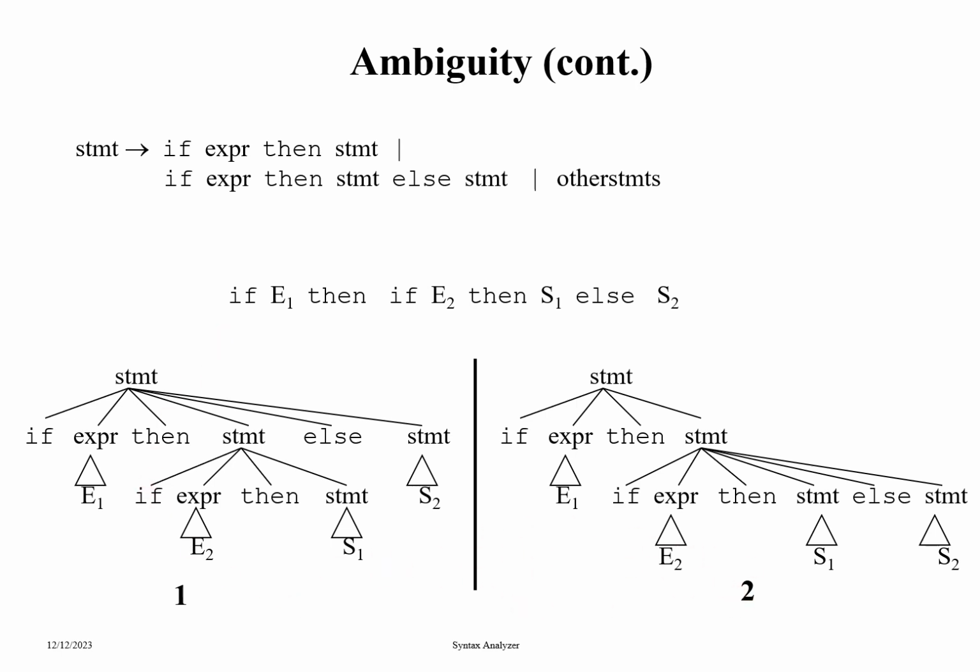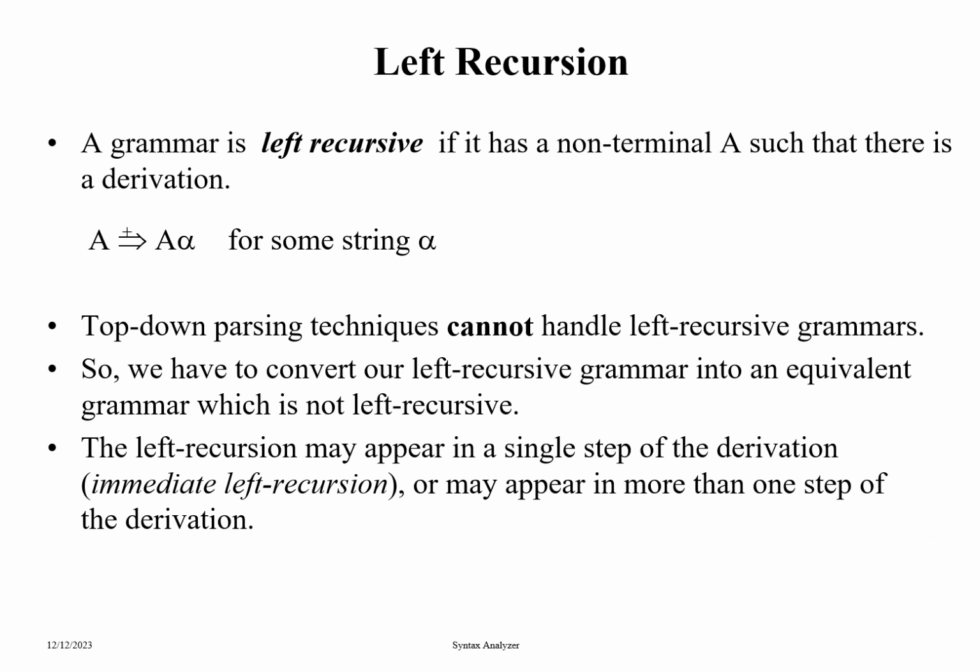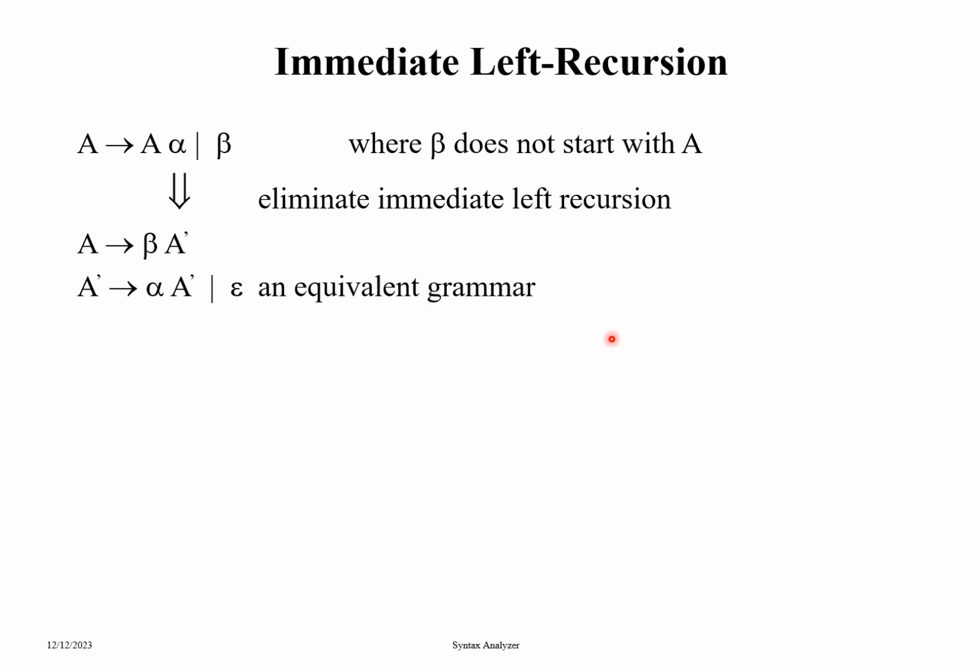So it is ambiguous. We need to eliminate left recursion so that we can work with the top-down parsing technique. Top-down parsing technique cannot handle left recursive grammar, so we need to convert the left recursive grammar into normal grammar. This is the immediate left recursion representation: A produces A alpha bar beta.